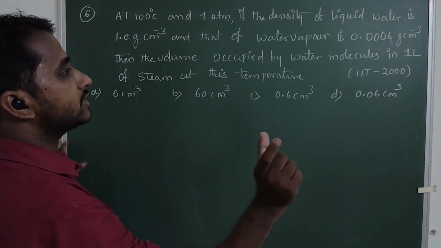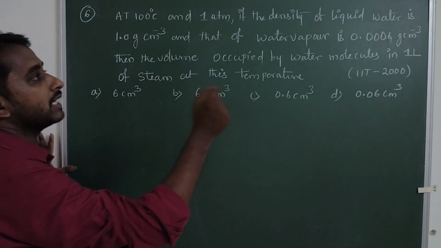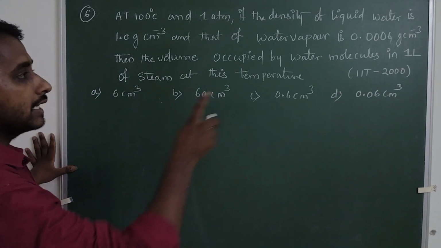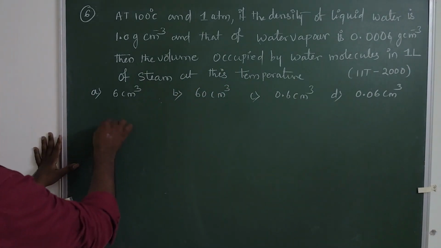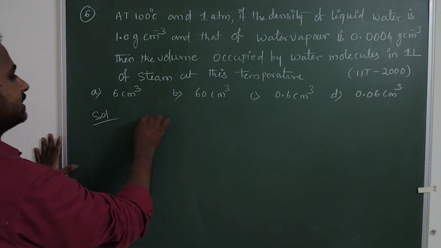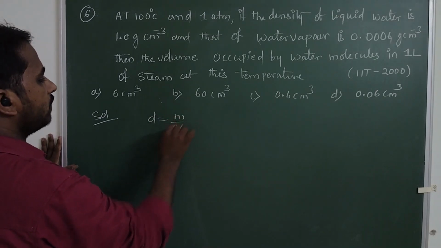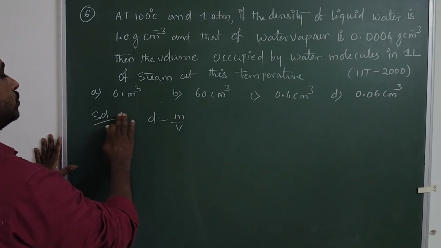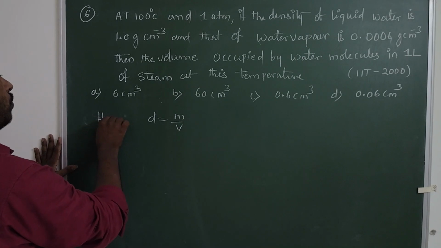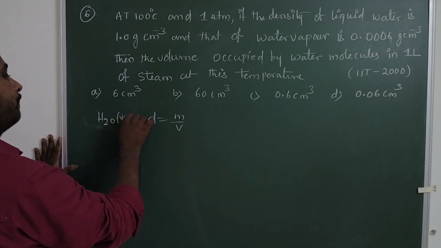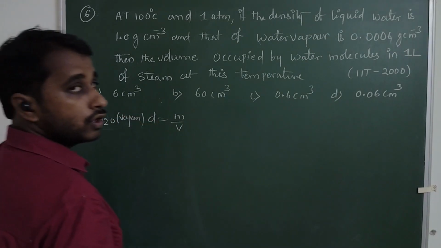So here two densities are given, one for water vapor and another for liquid water. Coming to the water vapor, density is equal to mass by volume.